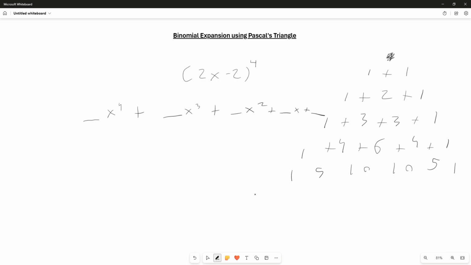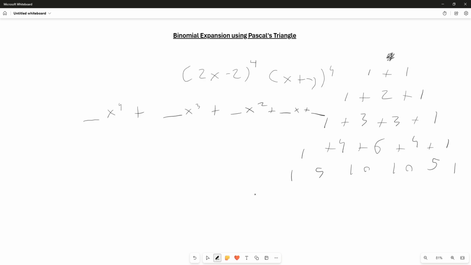So what we're going to do is let's rewrite this as variables for both of these. So let's rewrite this as x plus y to the 4th.